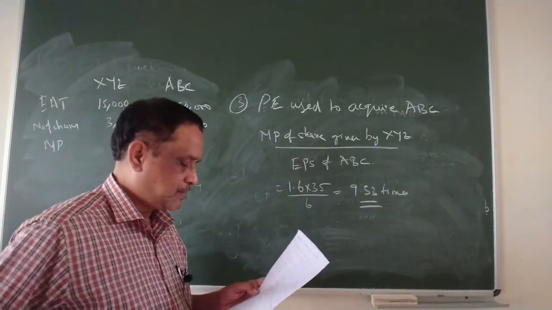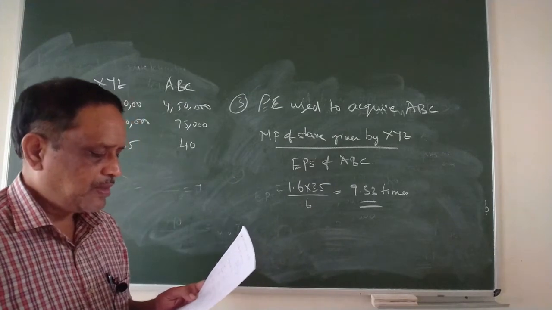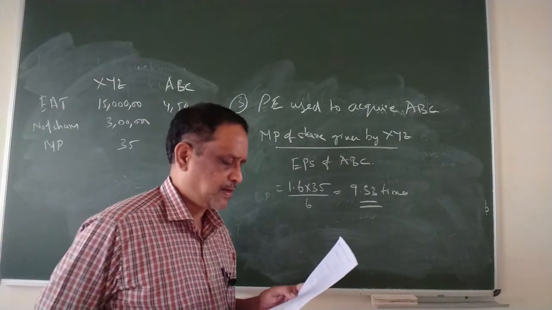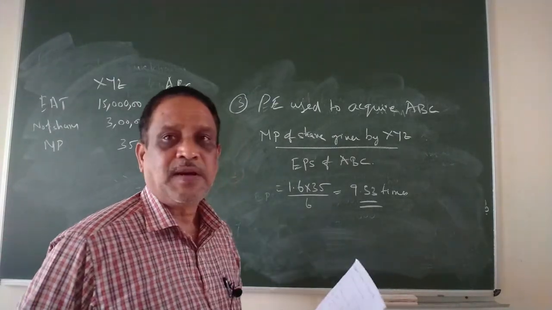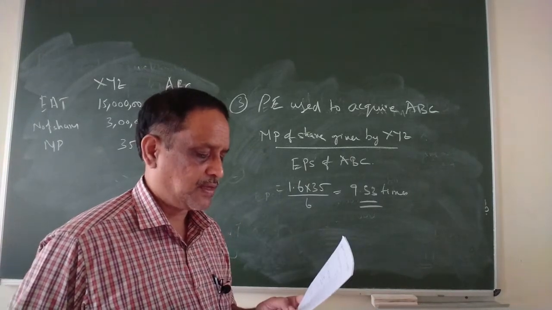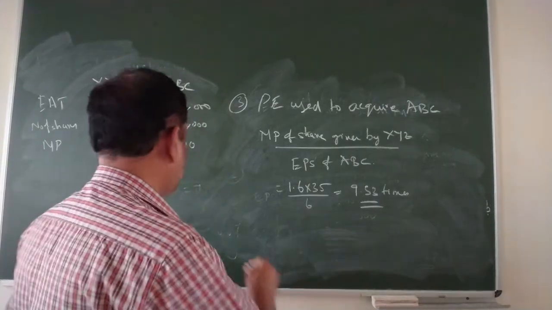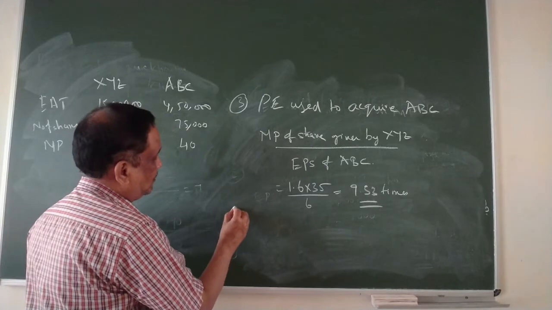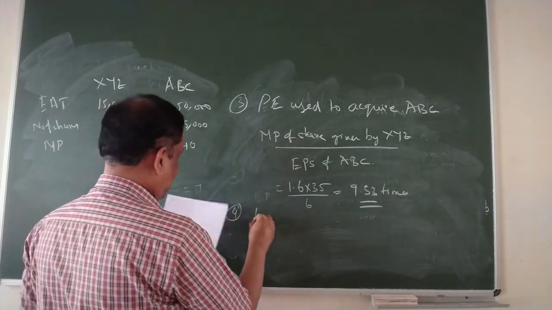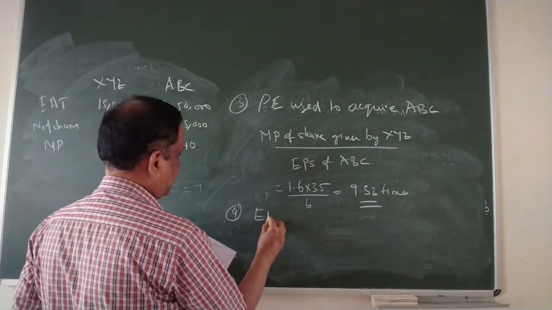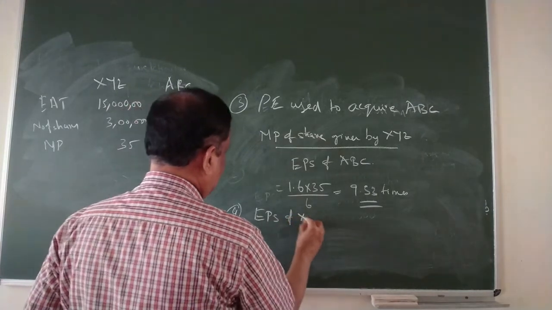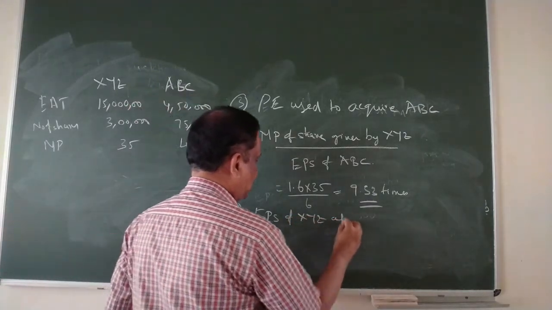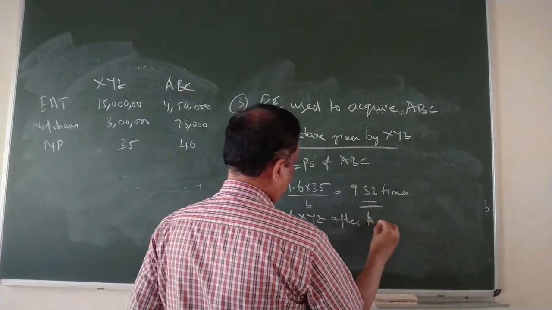And the next question is EPS of XYZ after acquisition. What is the earnings per share of XYZ after acquisition? So the fourth question is EPS of XYZ after acquisition.